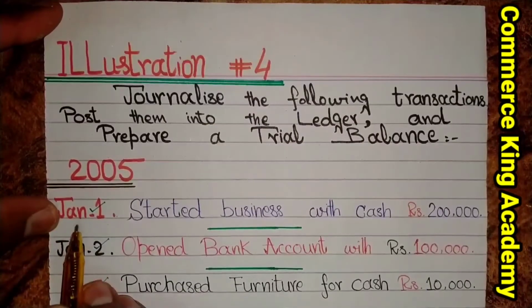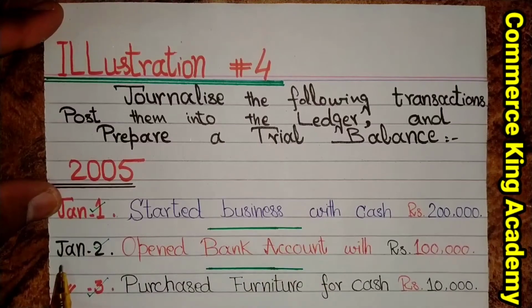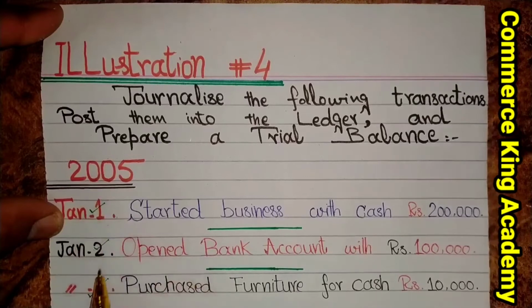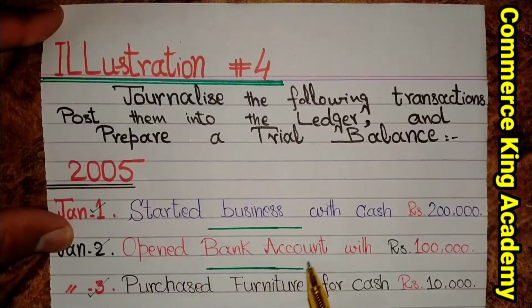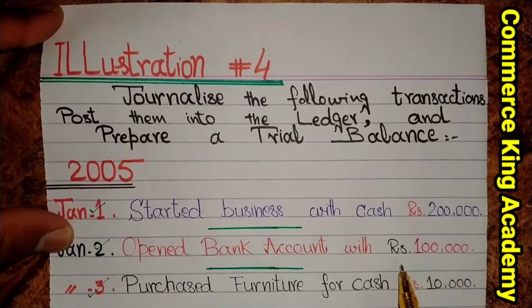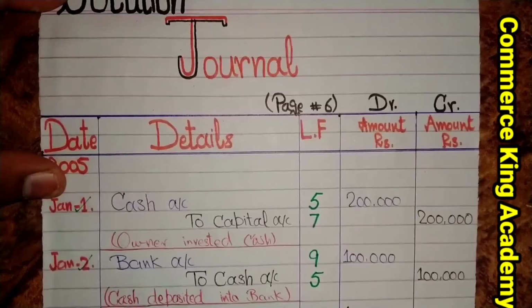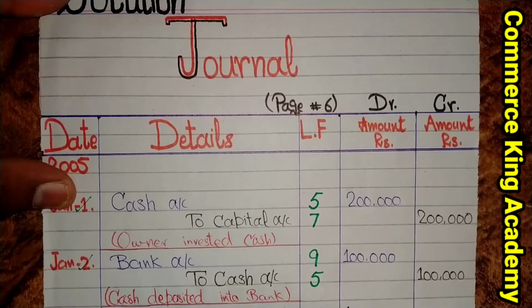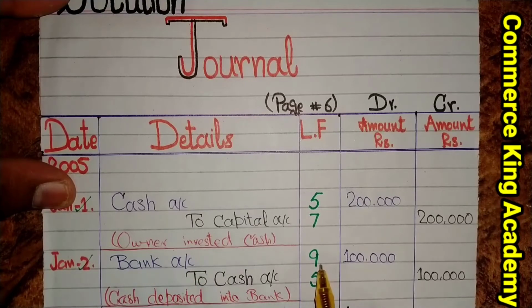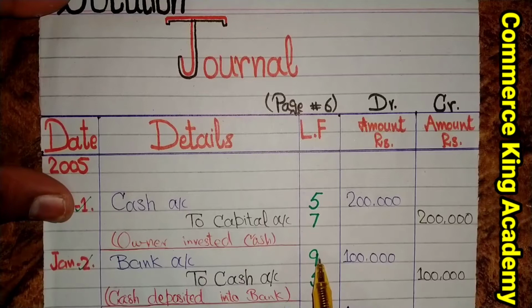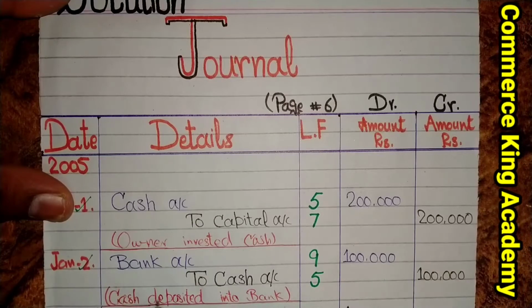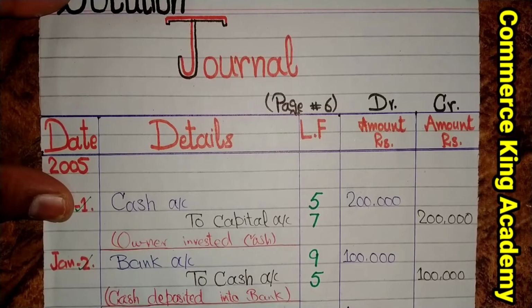Now we move toward the second transaction, which took place on Jan 2nd, 2005: opened a bank account with 100,000 rupees. So Jan 2nd, bank account debit to cash account credit, with ledger folio number 9, which is the bank's ledger folio number, and cash ledger folio number is 5, with the same amounts of 100,000 rupees, with details: cash deposited into the bank.